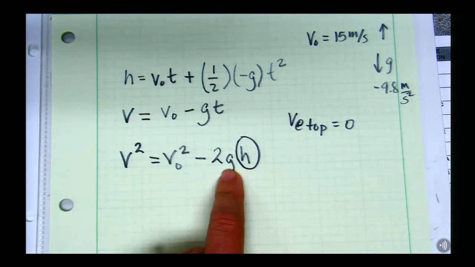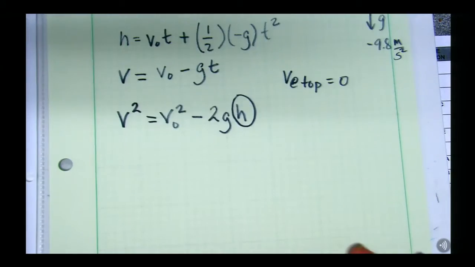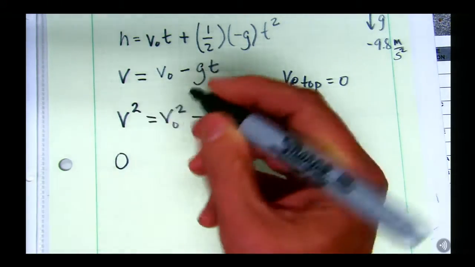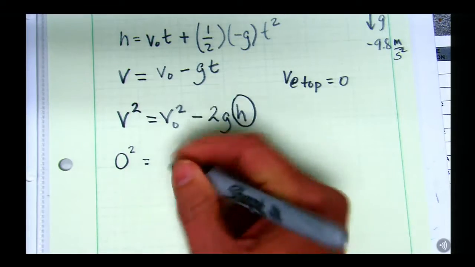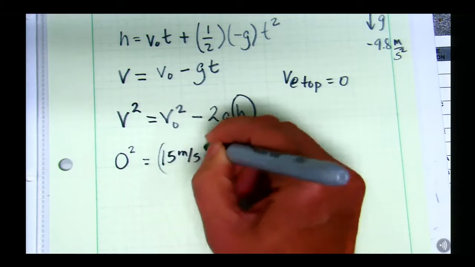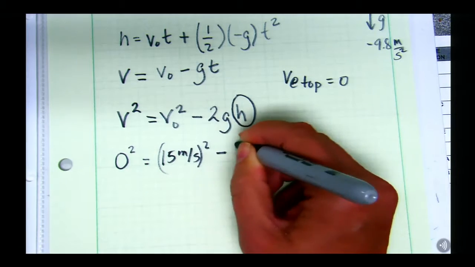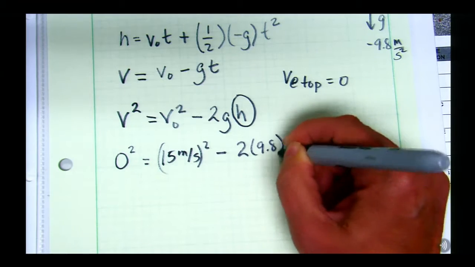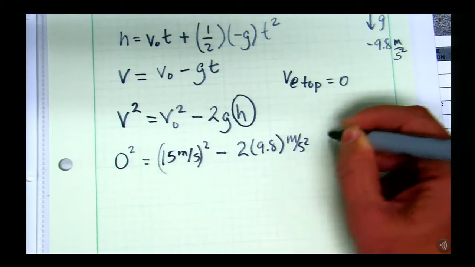So that's good. Now my velocity at the top is 0. My velocity when I start is 15 meters per second, and I've got to square that, minus 2 times 9.8, in meters per second squared. There's my height.